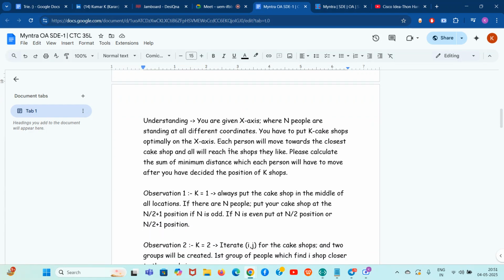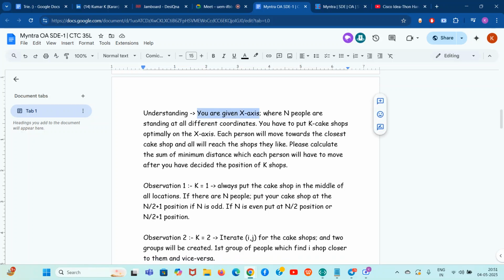So, the understanding which we have reached till now is that you are given an x-axis where n people are standing at all different coordinates. You have to put the cake shops optimally on the x-axis. Each person will move towards the closest cake shop and will reach the shops they like. Please calculate the sum of minimum distance which each person will have to move after you have decided the position of k shops optimally, by the way.